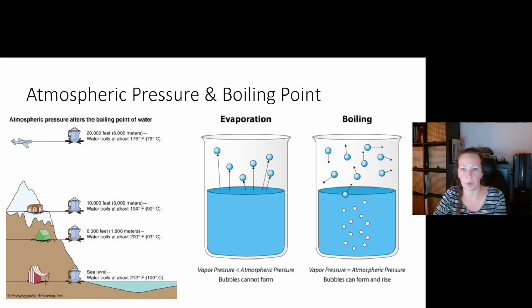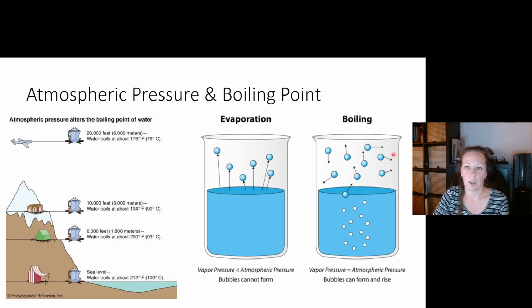Okay. So if we have less atmospheric pressure pushing down, then the temperature does not have to rise so far to get that vapor pressure high enough to get to boiling, right? Because there's less pressure coming down, so not as much pressure is required to come up.